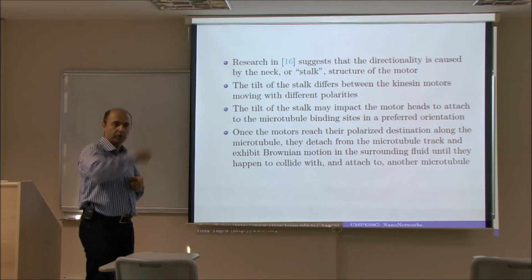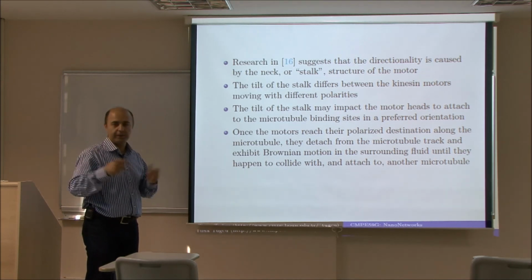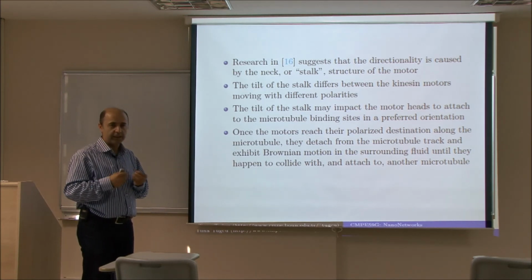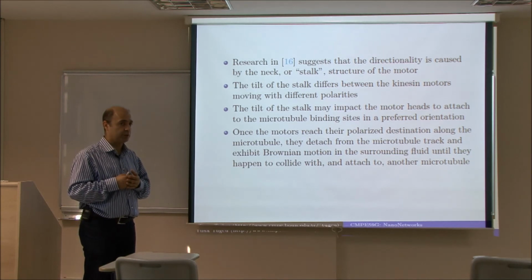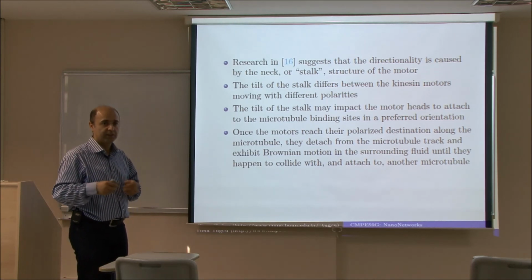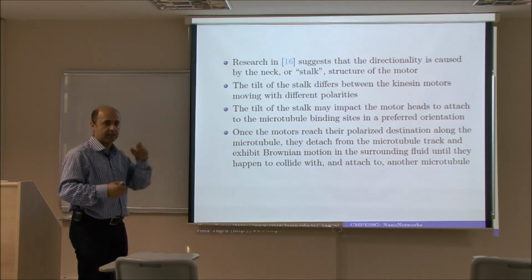But there are many different types of loads. These loads sometimes may even be, for example, the organelles. So these motors are able to pull the organelles around inside the cell. So depending on what it is, it will attach to that and then to the rail and work.